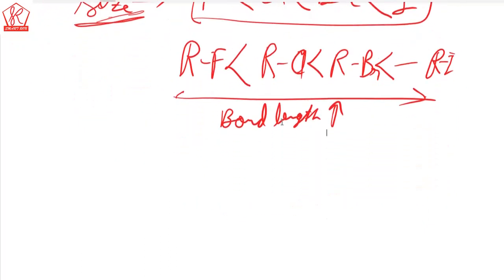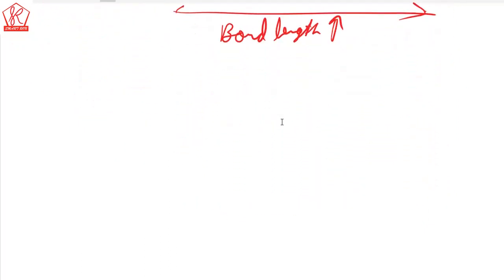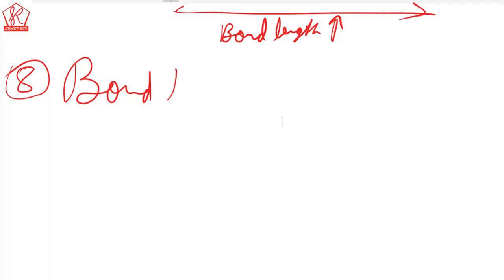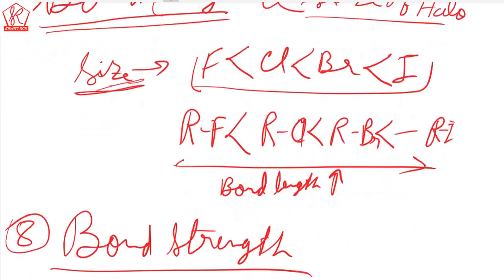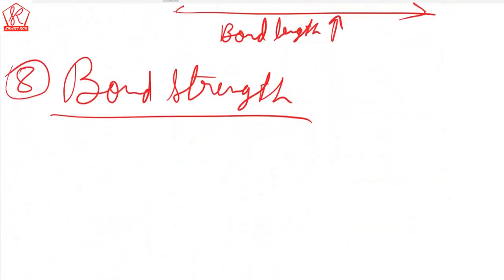Now the final topic of the properties, point number 8, which is the bond strength. The previous topic, bond length, and bond strength are quite related, because the more the bond length, the less the bond strength.